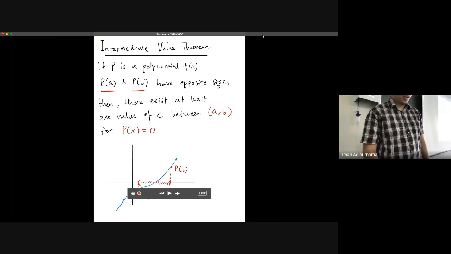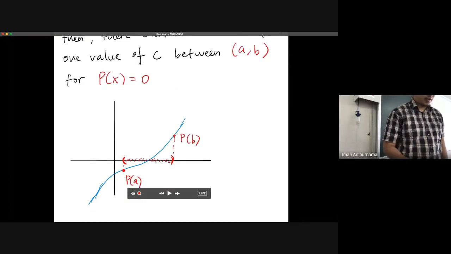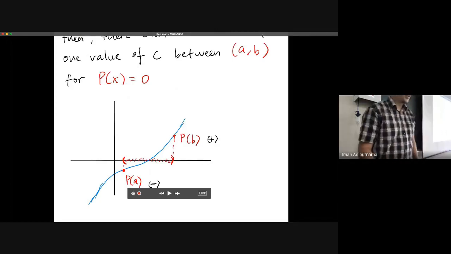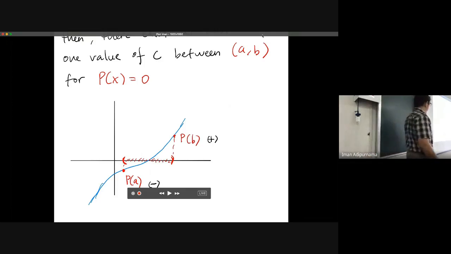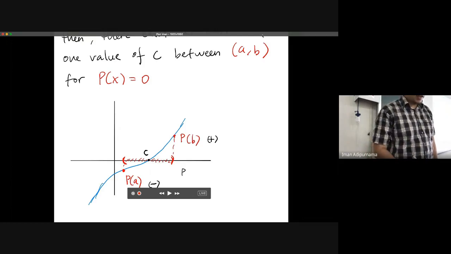The theorem says that when you have P(a) and P(b) with opposite signs, in this illustration this is negative, right? And this is positive. Whenever you have these conditions, there will be some number here, any number. Let's just say c is a number here. This c will make the polynomial 0.